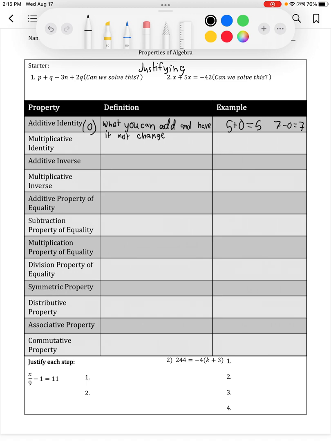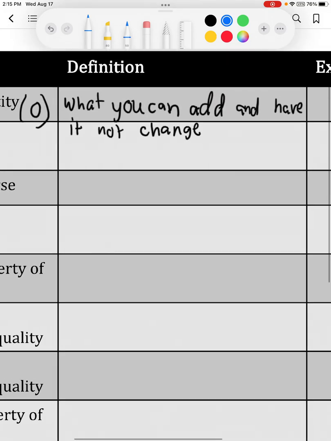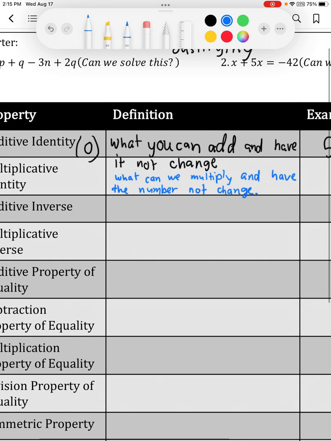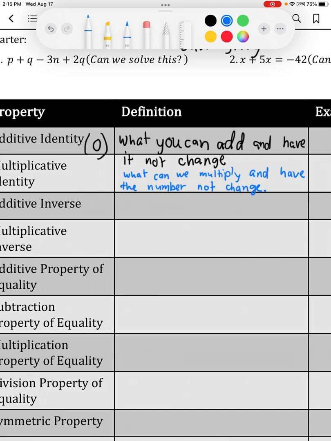All right. Similarly, we have a multiplicative identity. What can we multiply and have it not change? So what number can we multiply to anything and have it stay the same?